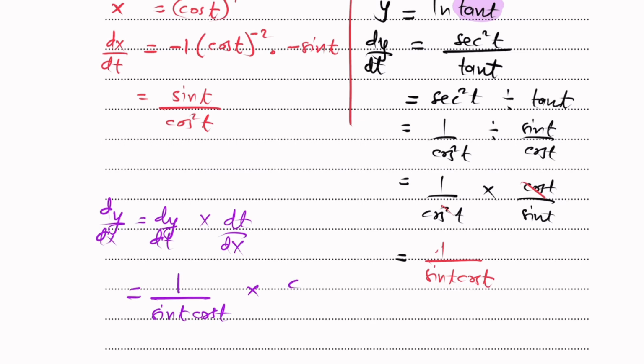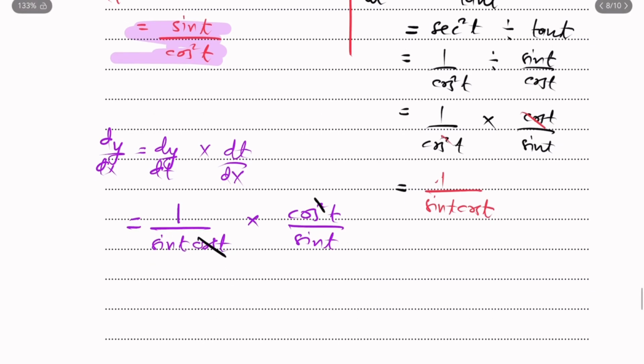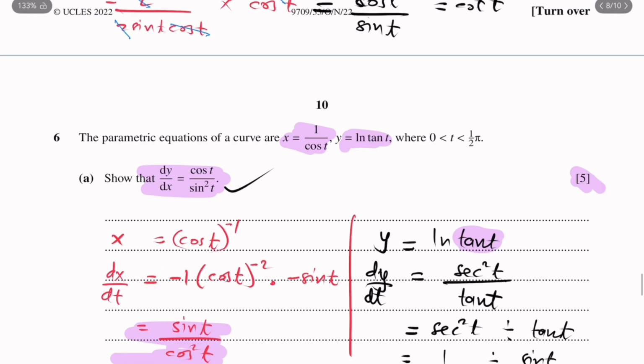So it flips down to become cos squared t over sine t. Okay, so this guy must flip. Cos would cancel one of this, and then we get cos t over sine squared t. Is that what they want? Yep.